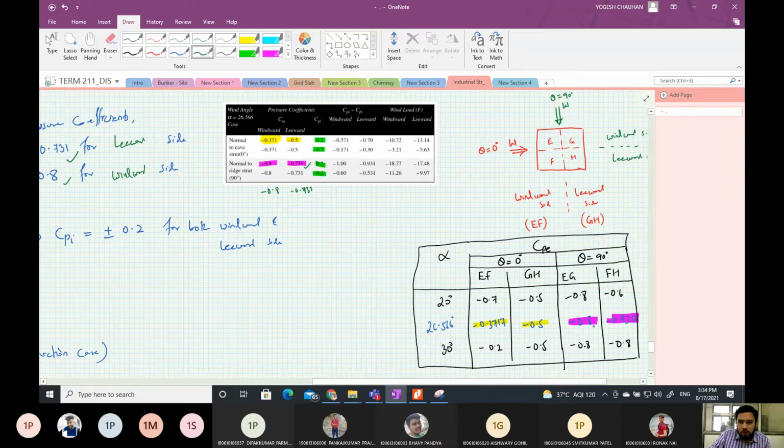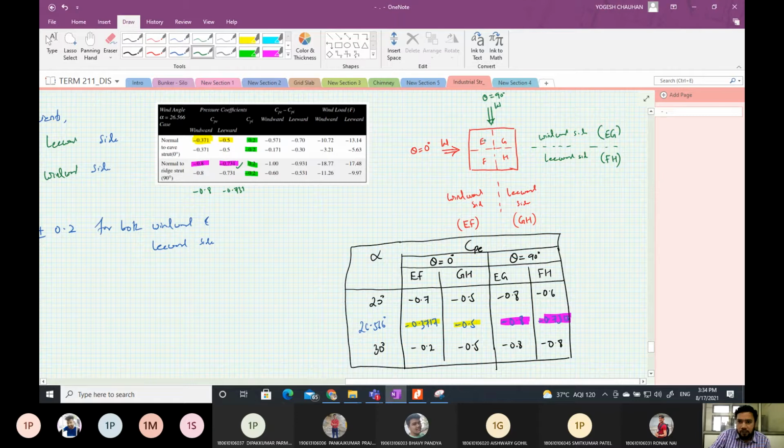You can see this 0.8 is when theta is 90 degree, EG is the windward side and FH is the leeward side. Similarly, EF is the windward side and this is leeward side. So this 0.8 is windward side and this 0.731 is leeward side.